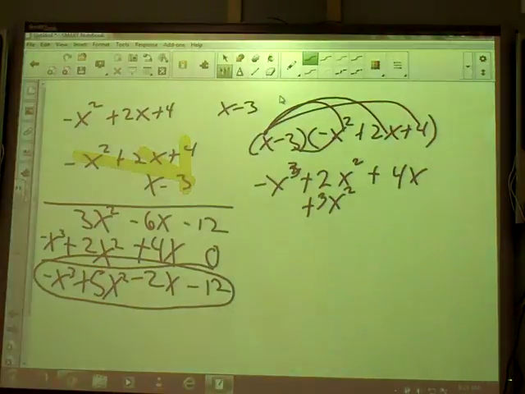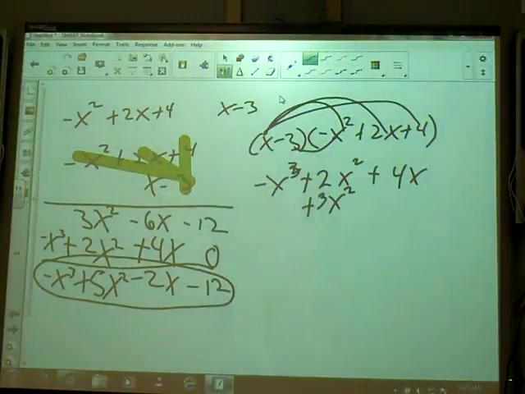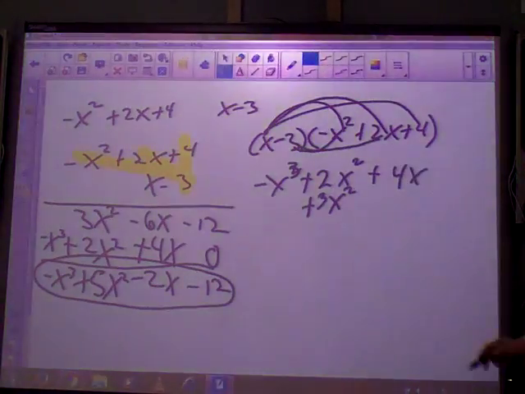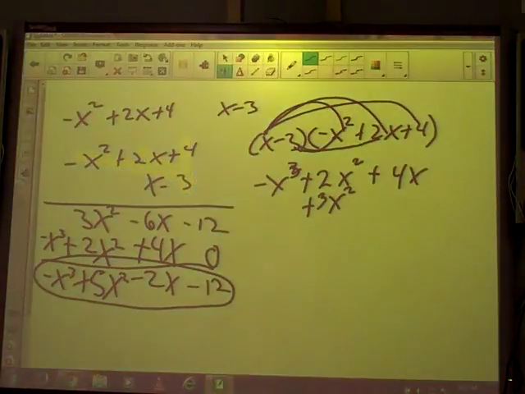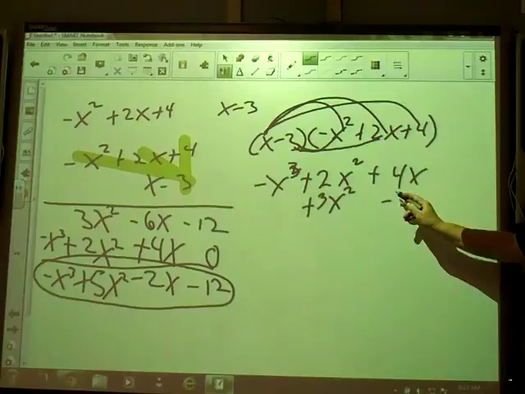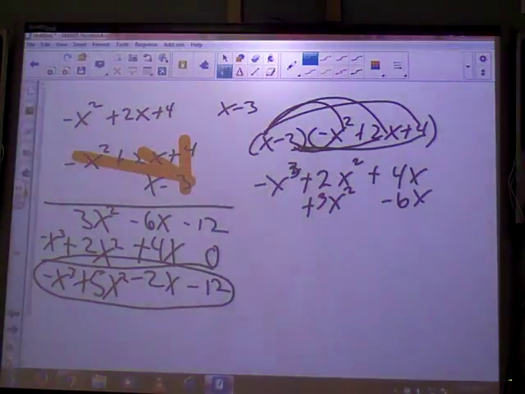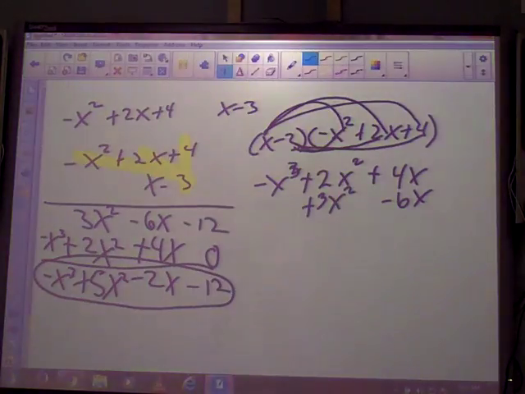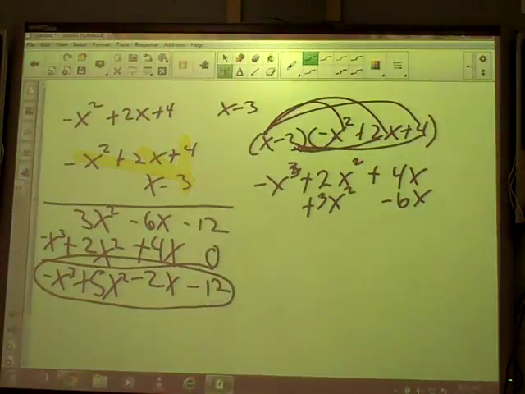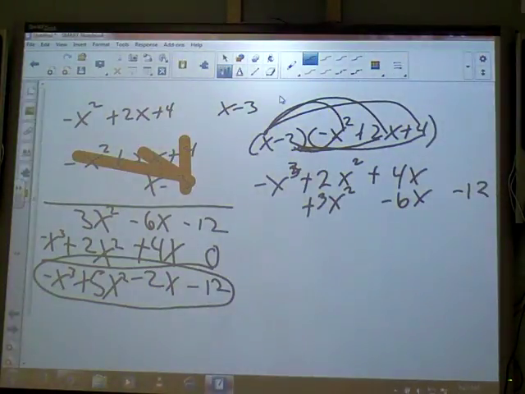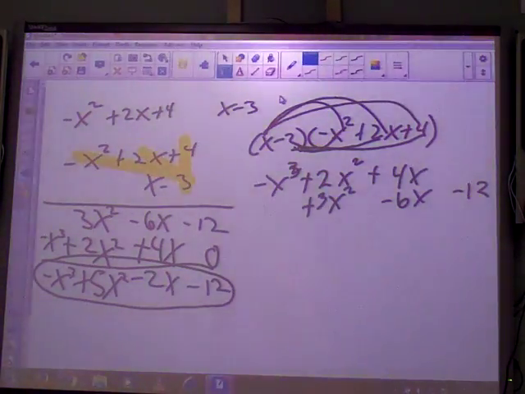You don't have to; you could keep them going out to the end. Negative 3 times 2x is negative 6x. Negative 3 times 4 is negative 12.